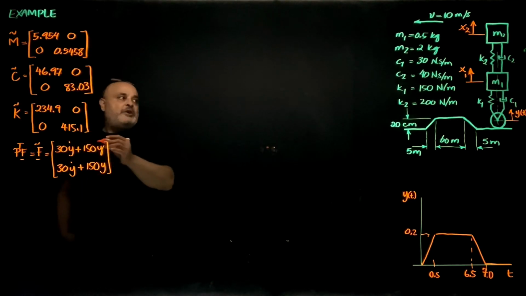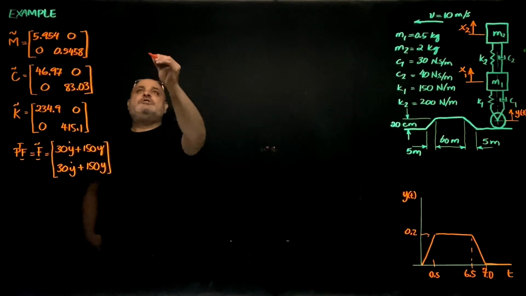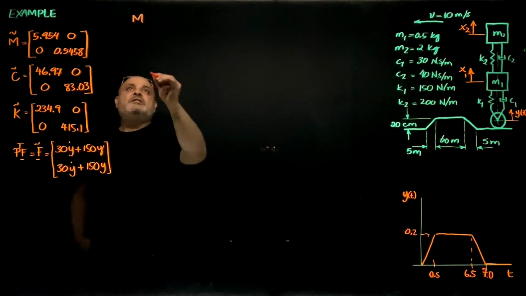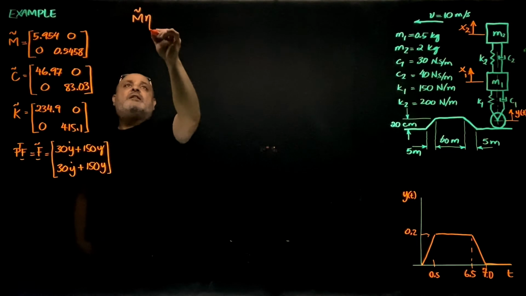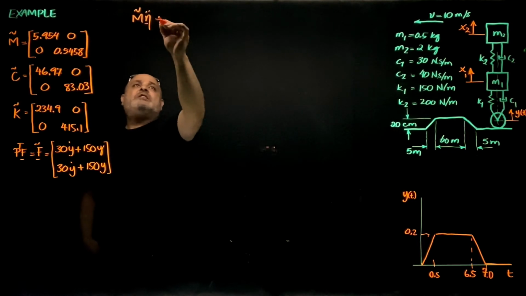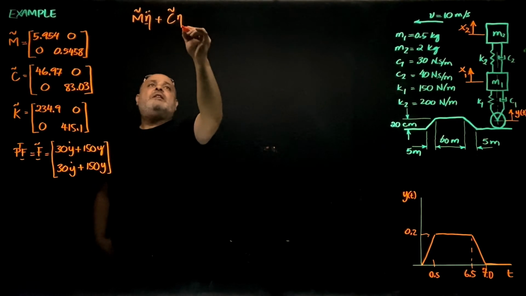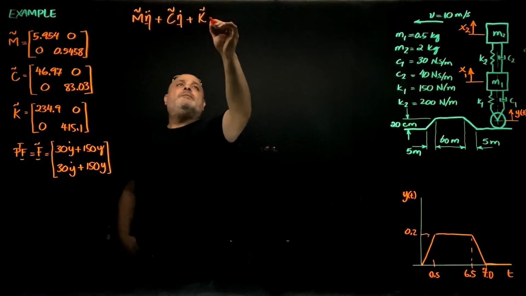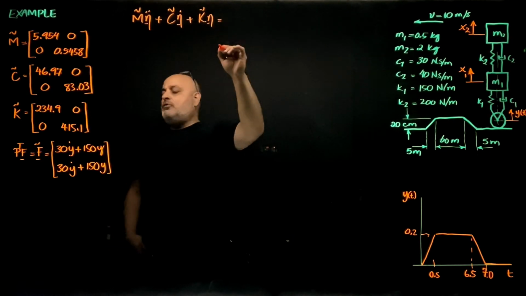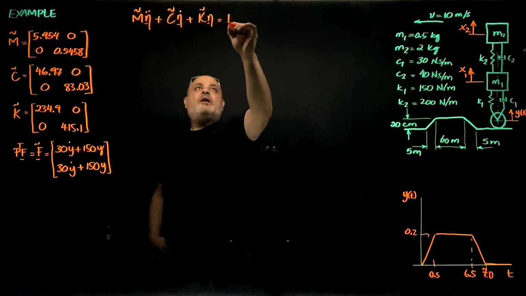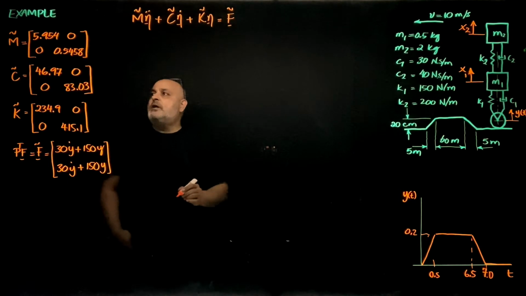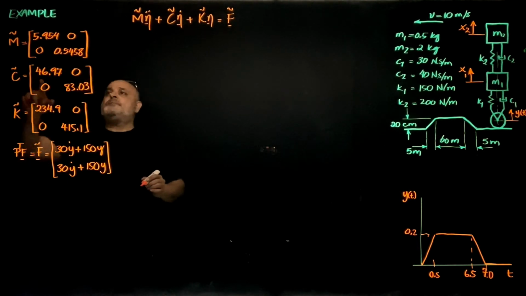Now, this means my equations of motion are now in terms of the modal coordinates: m tilde eta double dot plus c tilde eta dot plus k tilde eta equals f tilde.